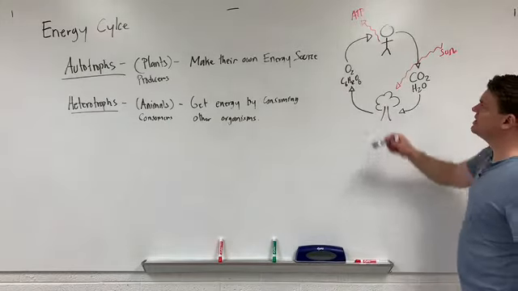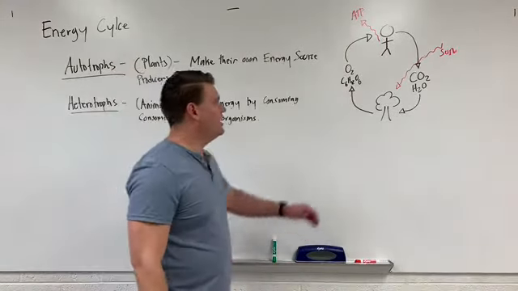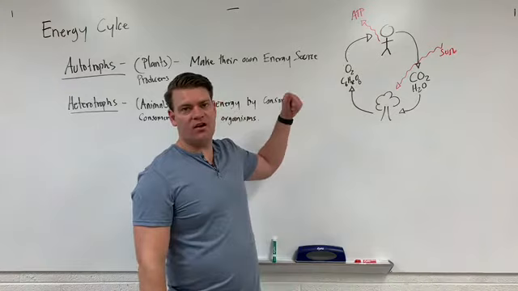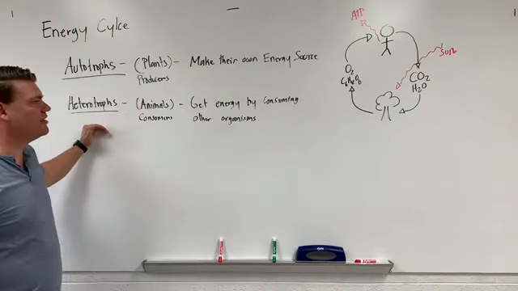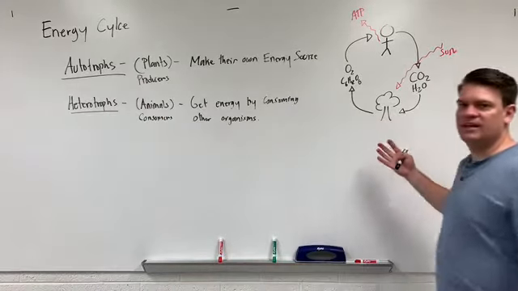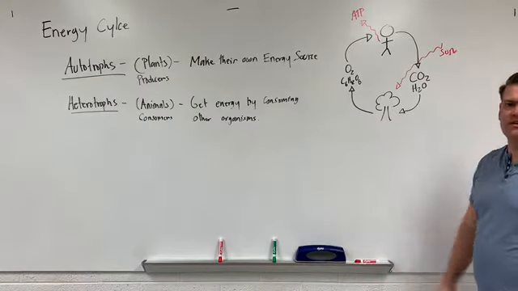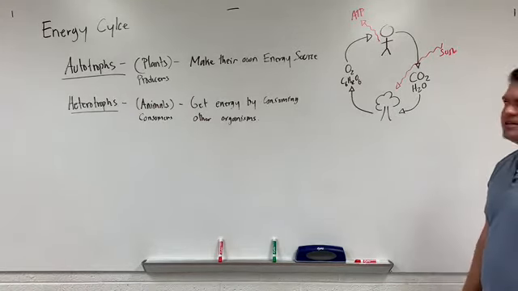What we see here is that energy cycle that I wrote up here between our consumers and our producers, between our autotrophs and our heterotrophs. It's a constant cycle in which what we need is what the products of the other organism are.